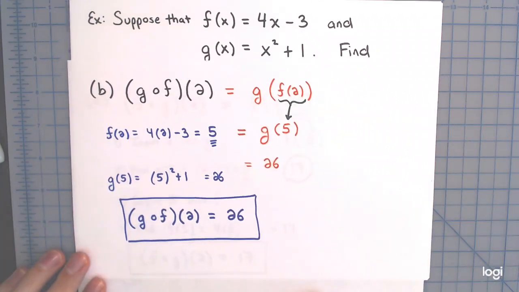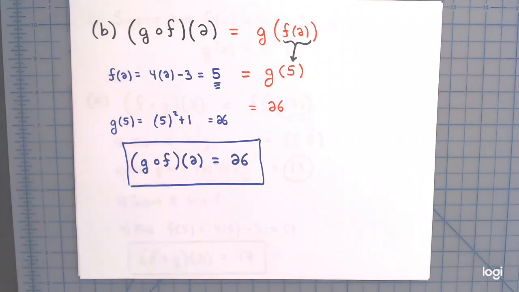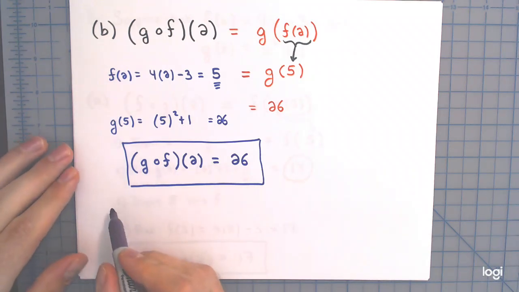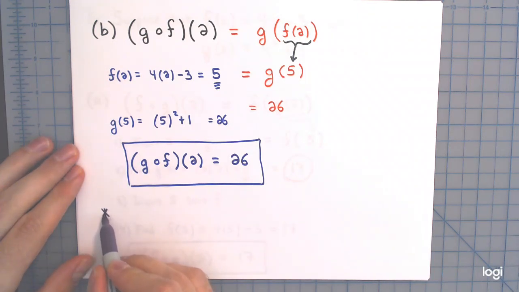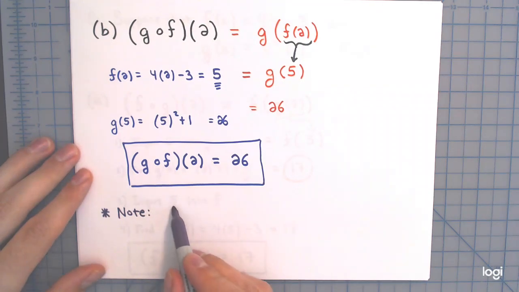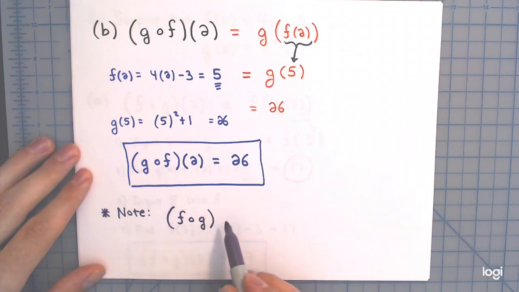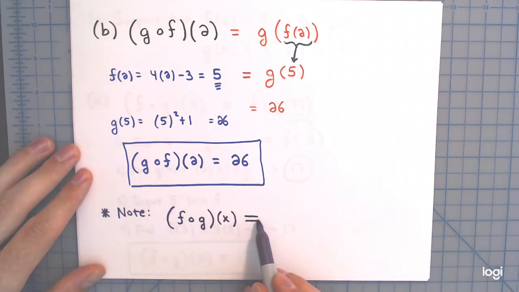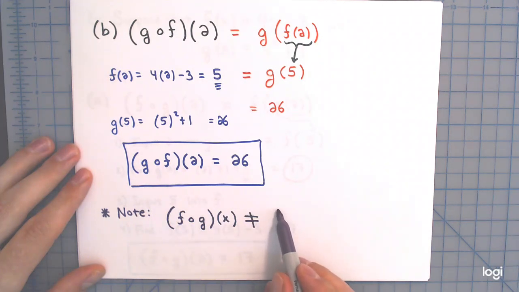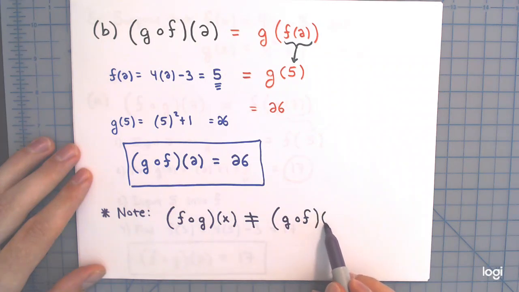Alright, so I'm going to put up a very important note here relating to the order in which you compose two functions, the order in which you form a composite function. So note that f composed with g at some input is not always equal to g composed with f at the same input, and notice these are both x here.